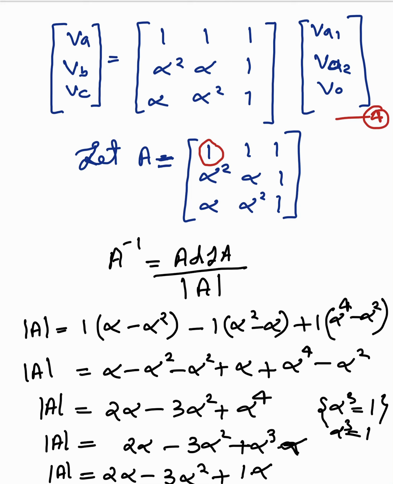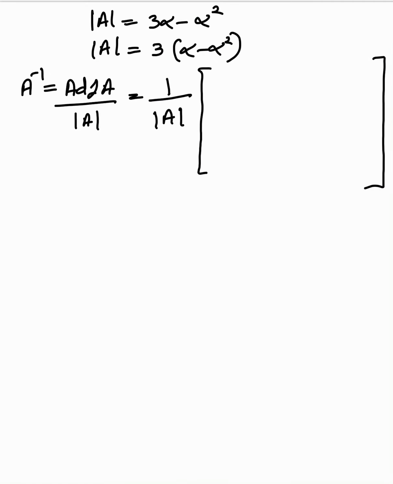What is that for the adjoint of A? For alpha, you have to remove this row and this column, so multiply alpha into 1, and alpha minus alpha square into 1, so alpha minus alpha square. So this parameter is alpha minus alpha square.